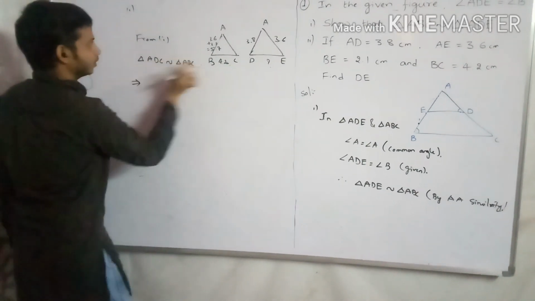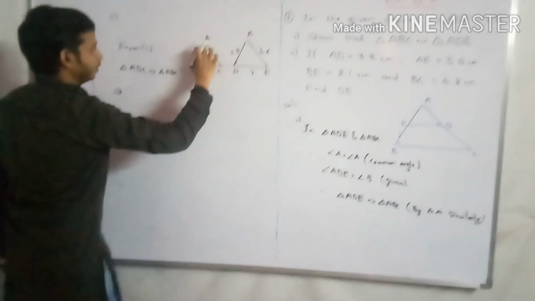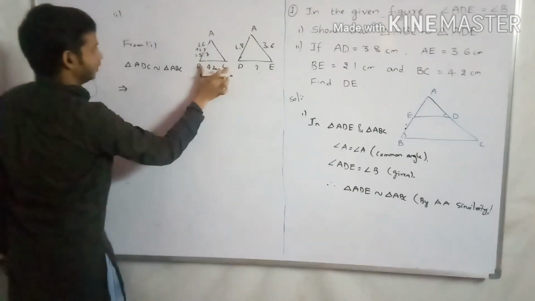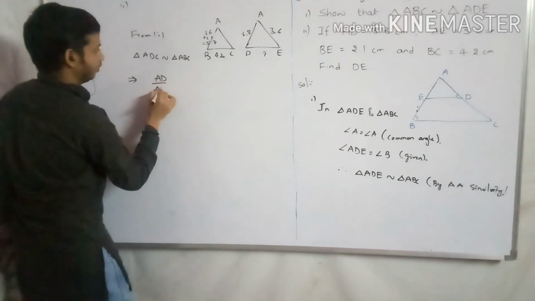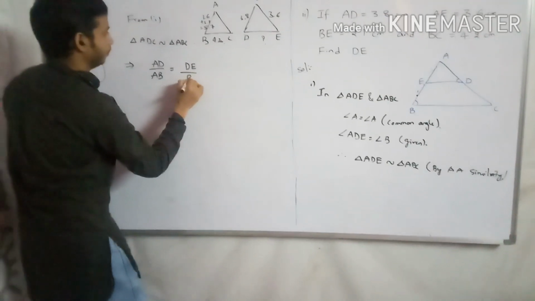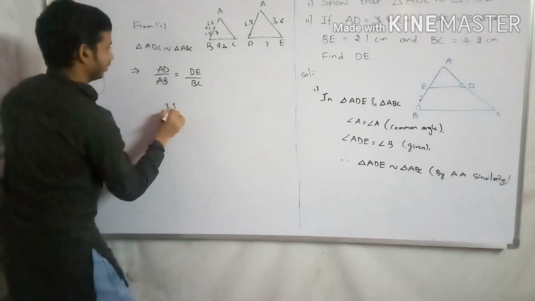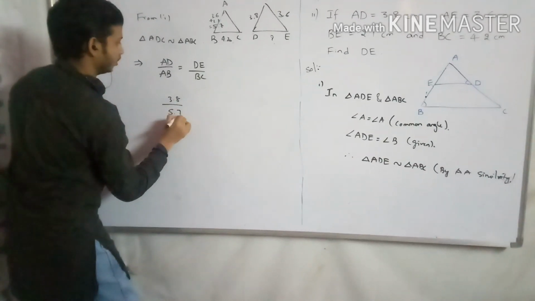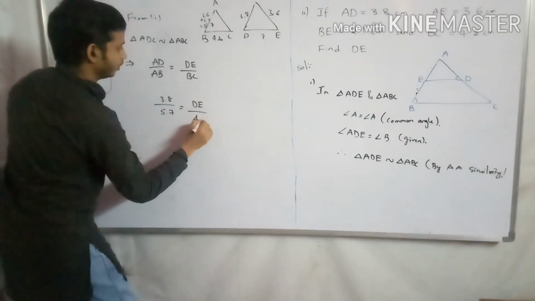So here triangle ADE is similar to triangle ABC. That means AD by AB equals DE by BC by similarity. So AD value 3.8 by AB value 5.7 equals DE by 4.2.